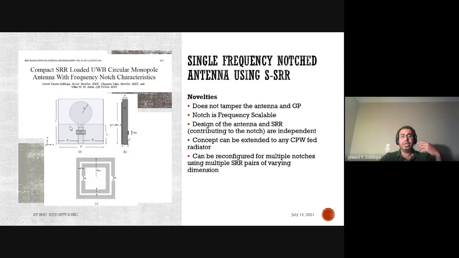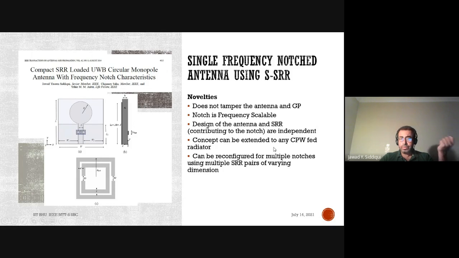If it radiates, you include a split-ring resonator on the other side, and it will start to provide the notch irrespective of the geometry of the radiator. This does not tamper with the antenna or the ground plane. It's independent of the ground plane, because the antenna and the ground plane are on this side of the substrate, while the sub-wavelength resonators are on the other side. This concept can be extended to any coplanar waveguide fed radiator.